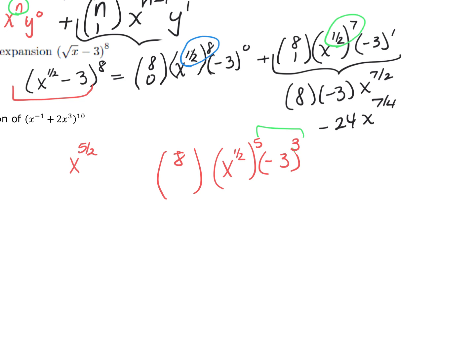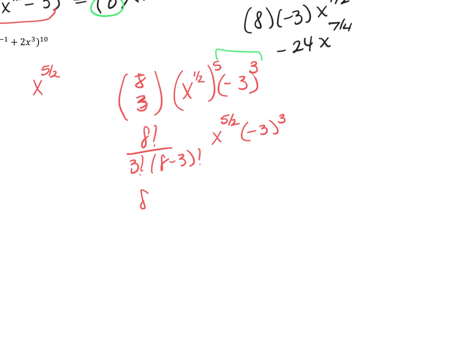And notice, this choosing is always the exponent on my second term. So what I really have, if I want the x raised to the 5/2 term, is 8 choose 3. So 8 factorial over 3 factorial, 8 minus 3 factorial, multiplied by x raised to the 5 over 2, multiplied by negative 3 raised to the 3rd.